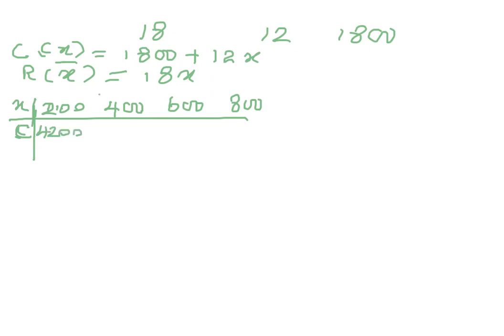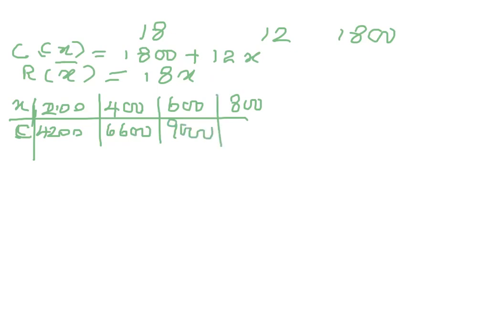Altogether, that is 4,200. For x equal to 400, we calculate 12 multiplied by 400, which is 4,800. Then we add the fixed cost, and it equals 6,600. When x equals 600, I multiply by 12, which is 7,200, and adding 1,800 gives 9,000.